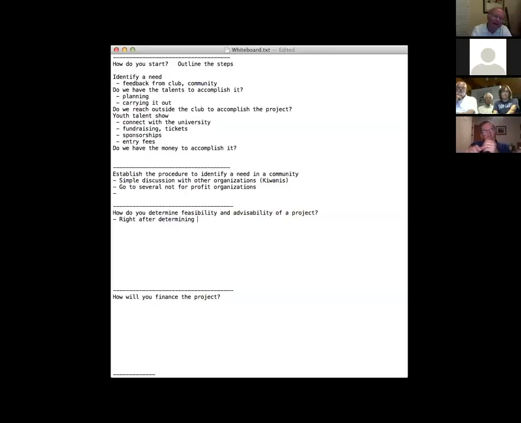So what are the key things you're looking at to identify if something's feasible? Well, there are several, but one is we have to make sure that what we're going to be involved in embodies the values of Rotary.